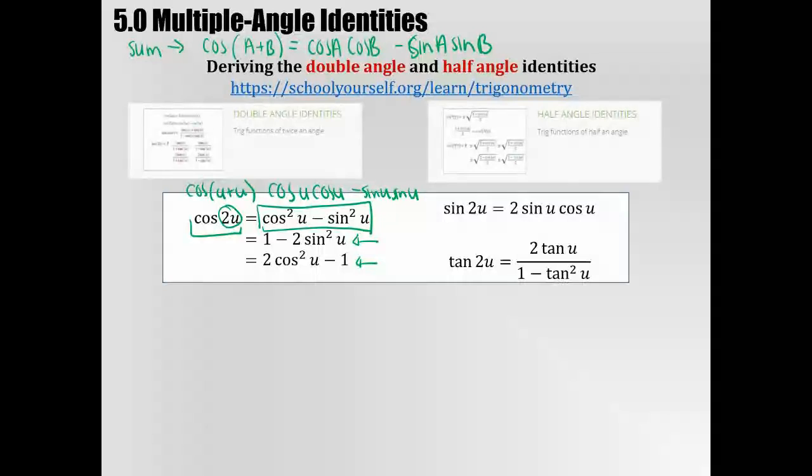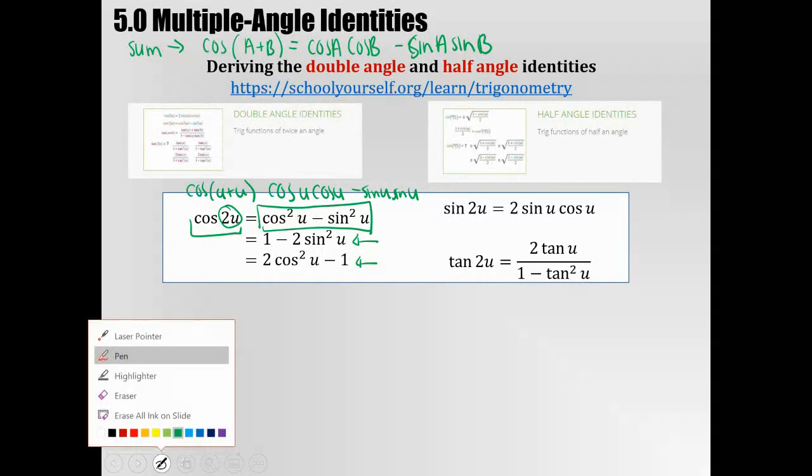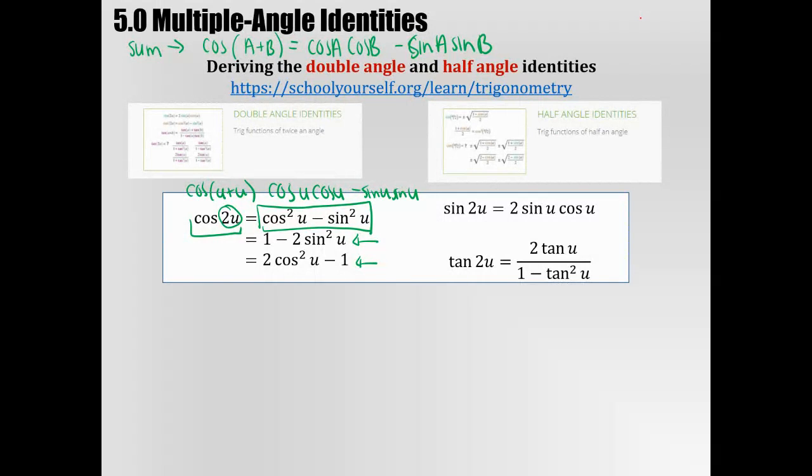Do we see how? Well, let's go back to our favorite identity, the one that comes up in everything, the Pythagorean identity, and that was sine squared plus cosine squared of an angle equals 1. And so if we know that, I could just replace the cosine squared with 1 minus sine squared.